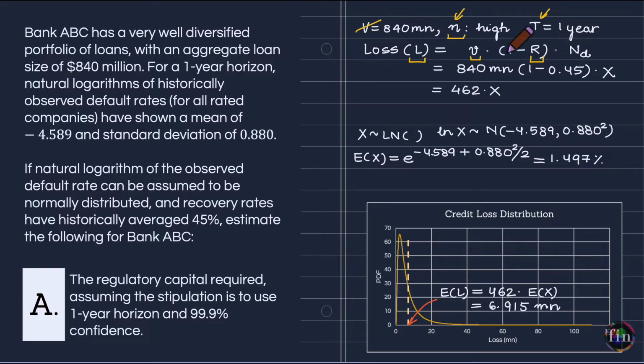So therefore 1 minus R, which is referred to as the loss rate, is also on a per dollar basis. So if one borrower defaults, the total loss which bank ABC incurs is V times 1 minus R. If these many borrowers default over the upcoming period of 1 year, the total loss L will be V times 1 minus R times the number of borrowers defaulting.